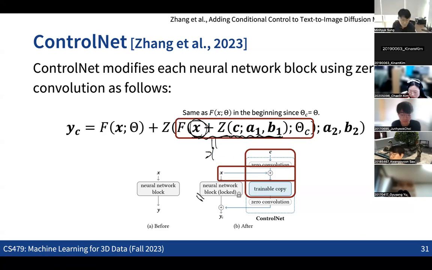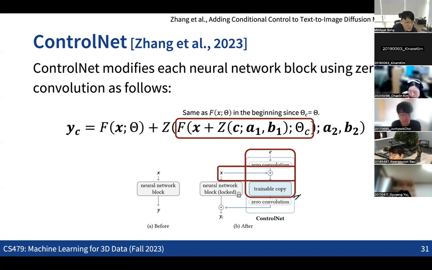The output of this part will also be exactly the same as the output of the original network at the very beginning, because the parameters are copied from the existing network. Is this clear? So we went down to this part.